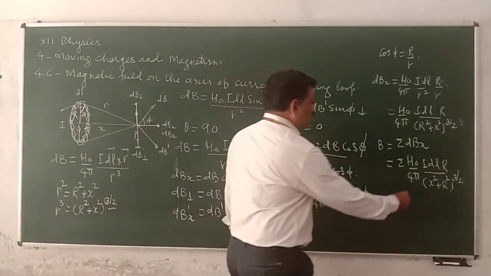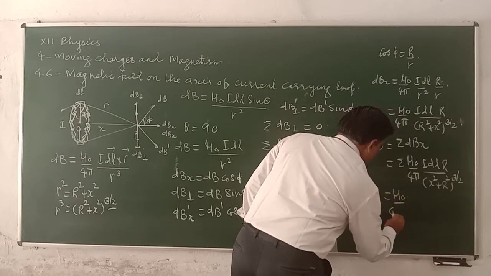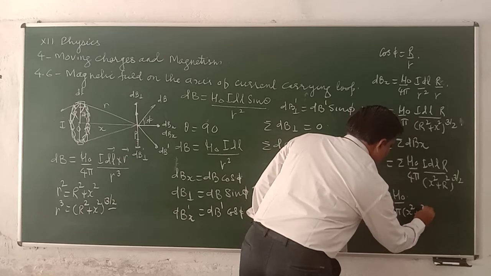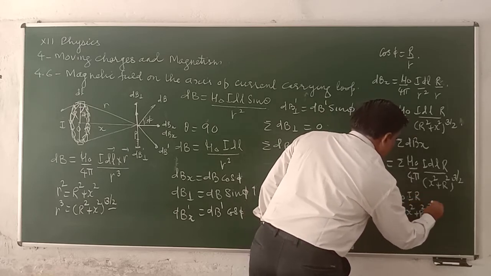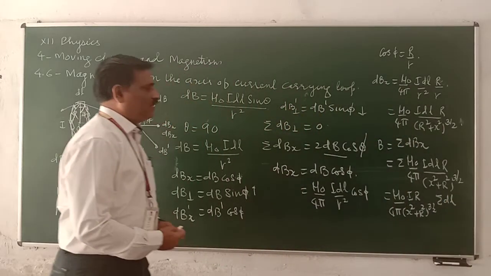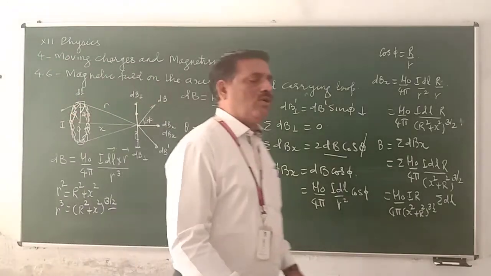These all are constant, which becomes mu 0 upon 4 pi, I r upon x square plus r square raised to 3 by 2, and then summation dl. When we are summing it, the total becomes 2 pi r, the circumference of the coil.